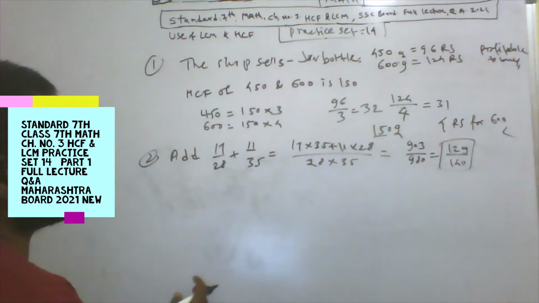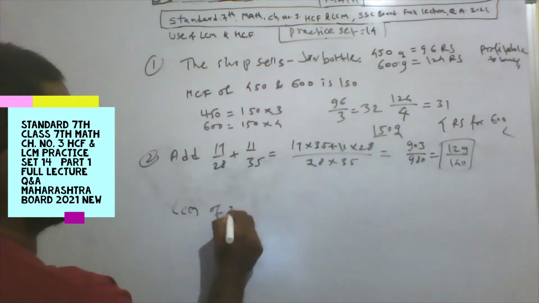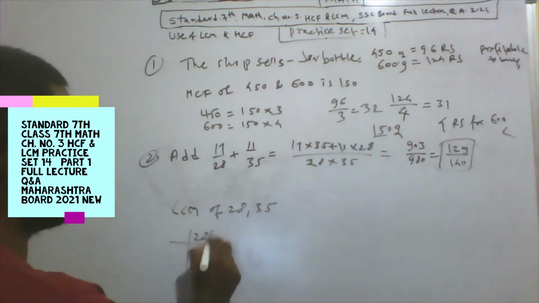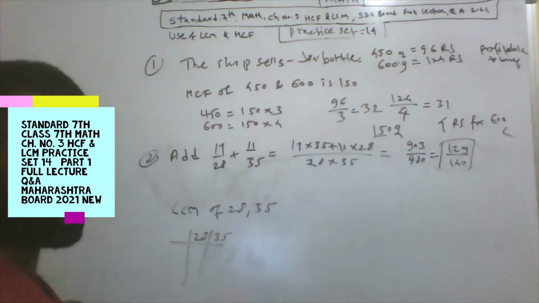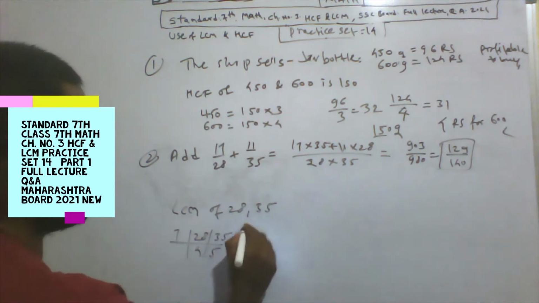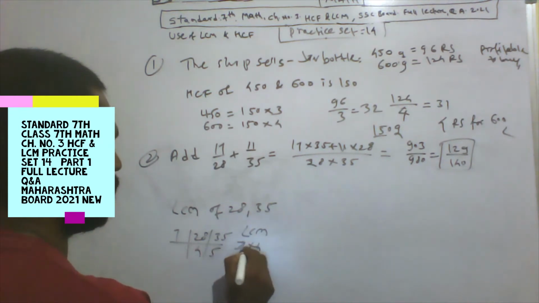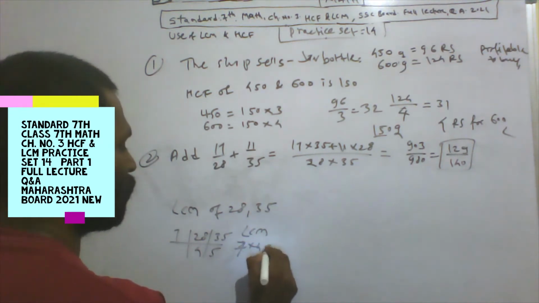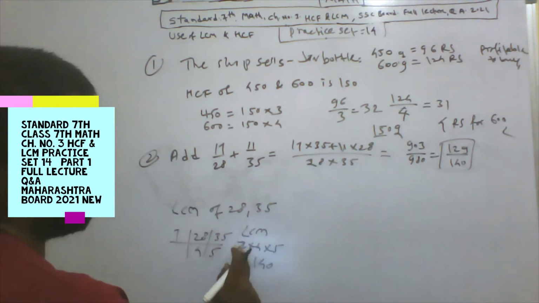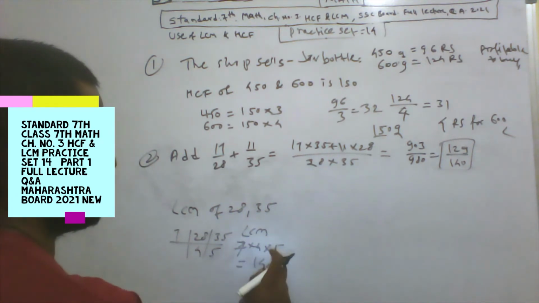Now with the help of the LCM of 28 and 35: 28 and 35, 7 4 and 7 5. The LCM is 7 into 4 into 5, which is 140.